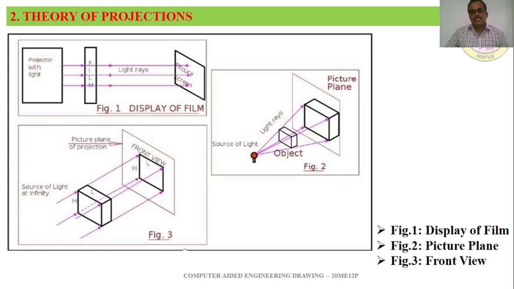Here a source of light is placed behind the object, or we can say the object is placed in between the source of light and the picture plane. When the light rays pass through the object or pass on the sides or edges of the object, the same object is captured on the picture plane.